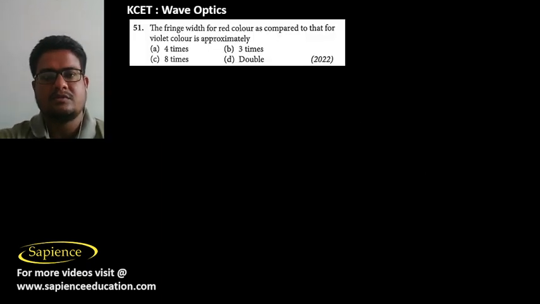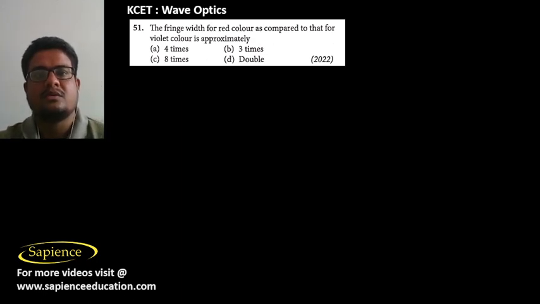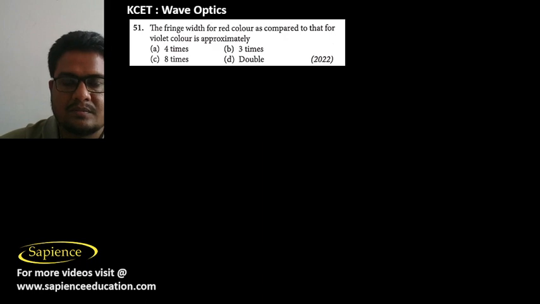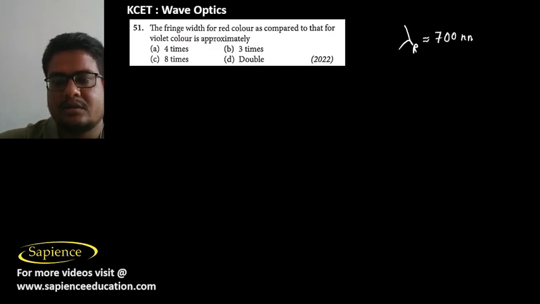Then in question number 51, it is told the fringe width for red color as compared to that for violet color is approximately. So the wavelength of red color is approximately 700 nanometer, and the wavelength for violet color is approximately 400 nanometer.